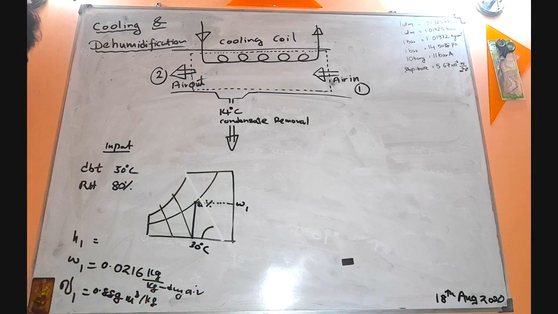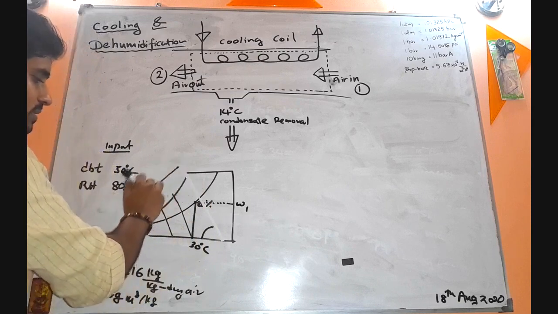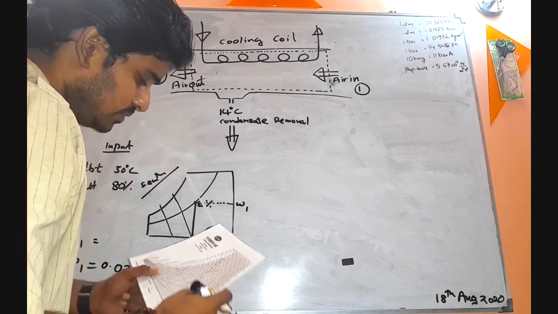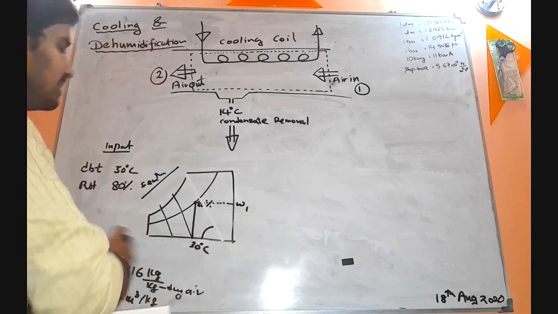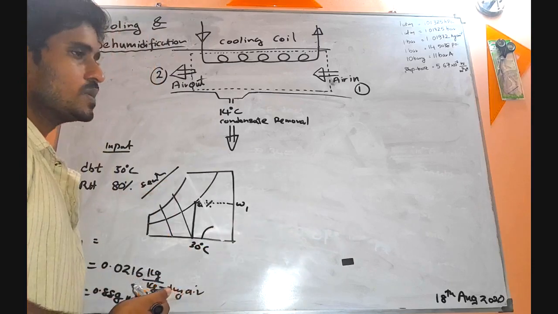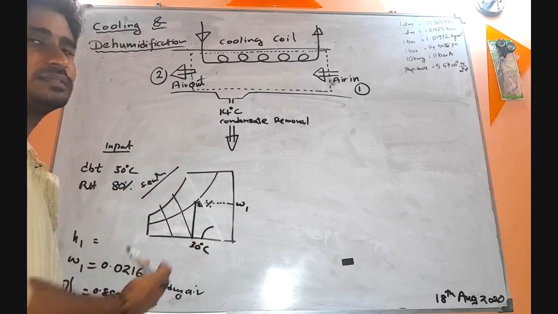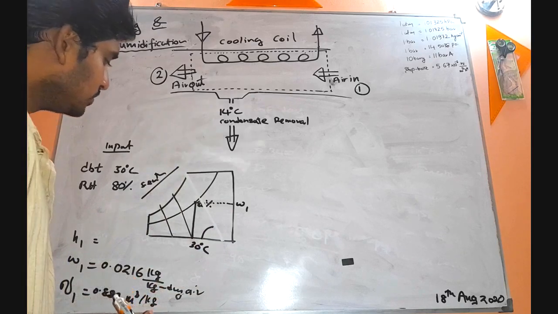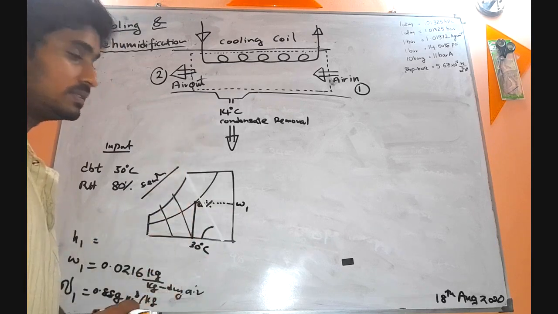Then enthalpy. For specific enthalpy there's also a different scale, somewhere here. This line indicates specific enthalpy. There also you have to consider the same concept, because the same line that indicates the wet bulb temperature is extended to a different scale that shows the specific enthalpy. So there also you will not find a line that exactly passes through the point of intersection, but you follow the pattern of lines.